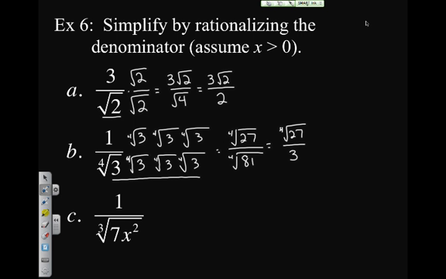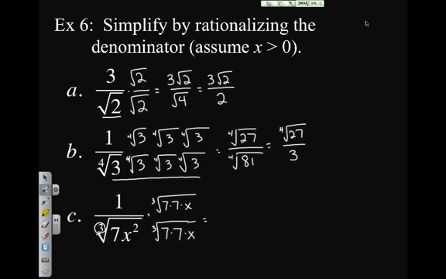This last one, again, it's a little bit tricky. We need a group of 3 because the index is 3. So we're going to multiply by, notice we need 2 7s. I'm just going to put them here in the same radical. How many more x's do we need to have a group of 3? We just need 1 more. So we're actually going to multiply by the cube root of 7 times x.